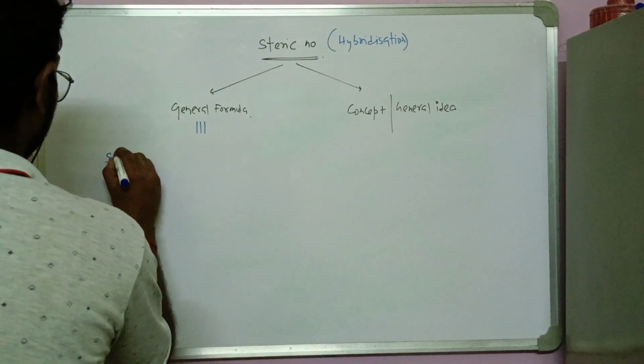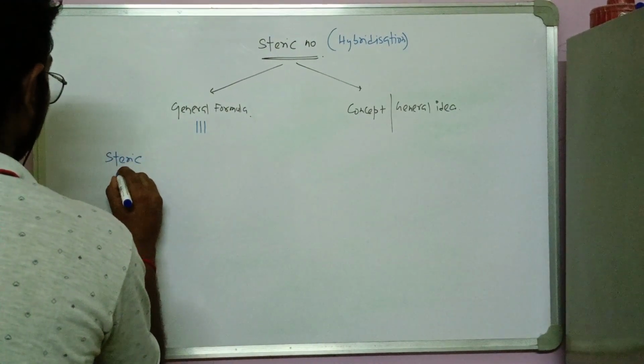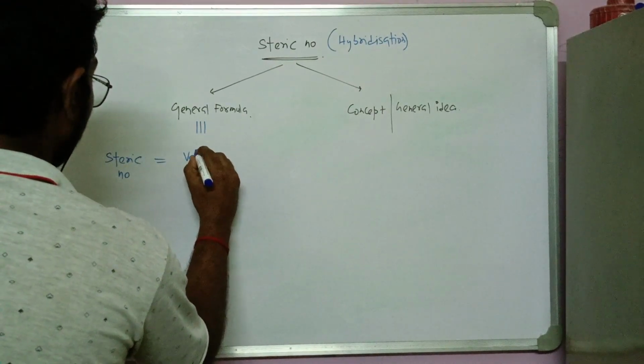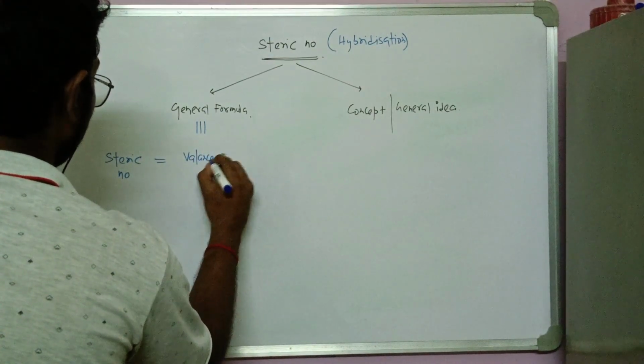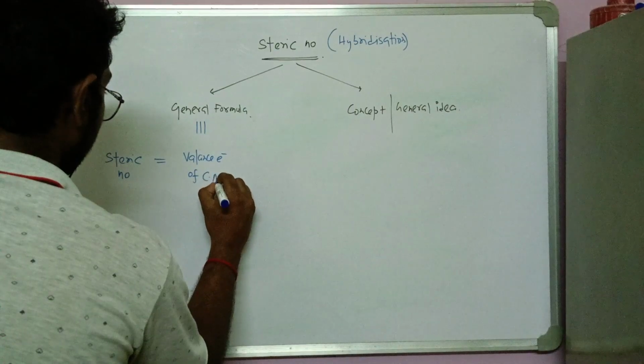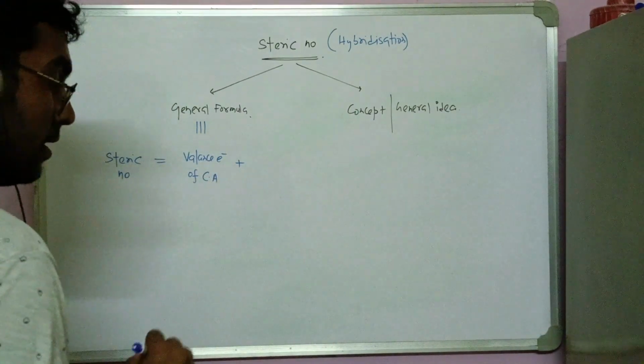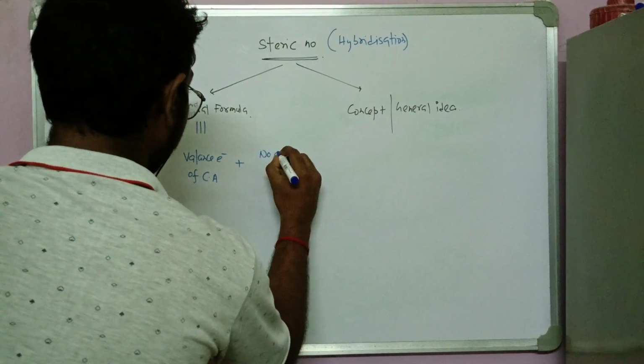So the steric number equals to valence electron of central atom, very easy, plus number of side atoms.